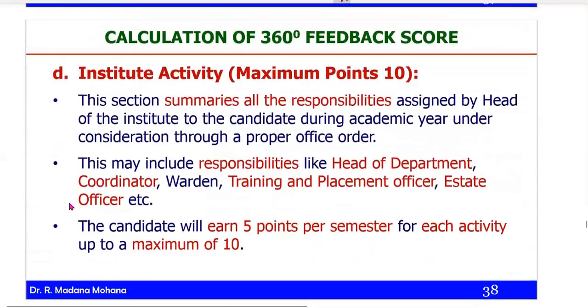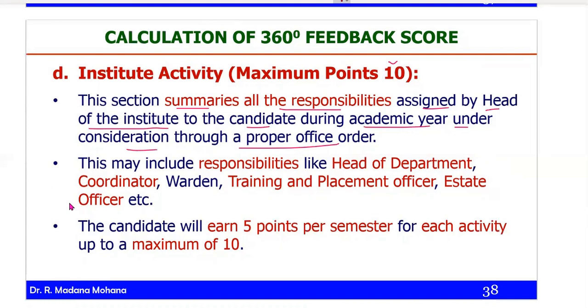The next parameter, institute activity. Institute level activity, maximum weightage is 10. This section summarizes all the responsibilities assigned by the head of the institute to the candidate during the academic year under consideration through a proper office order.